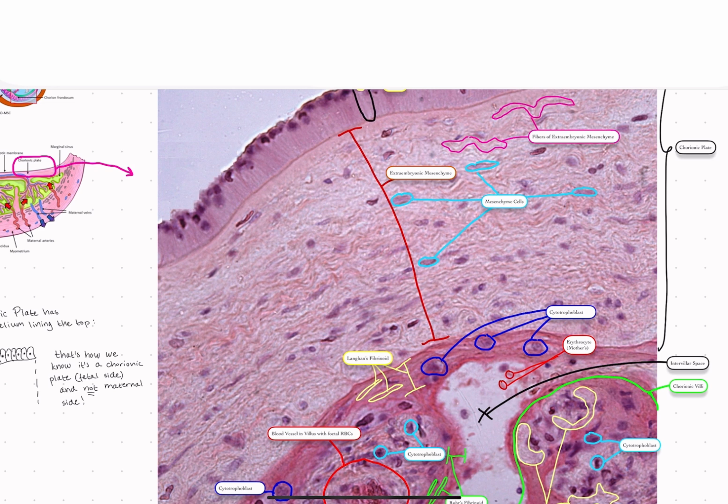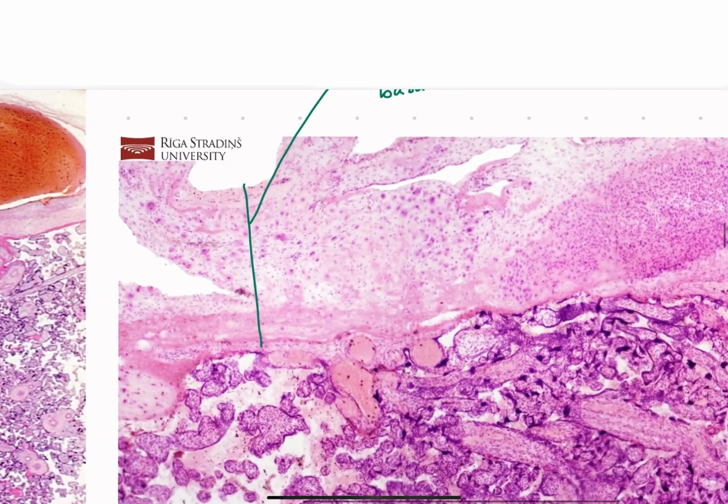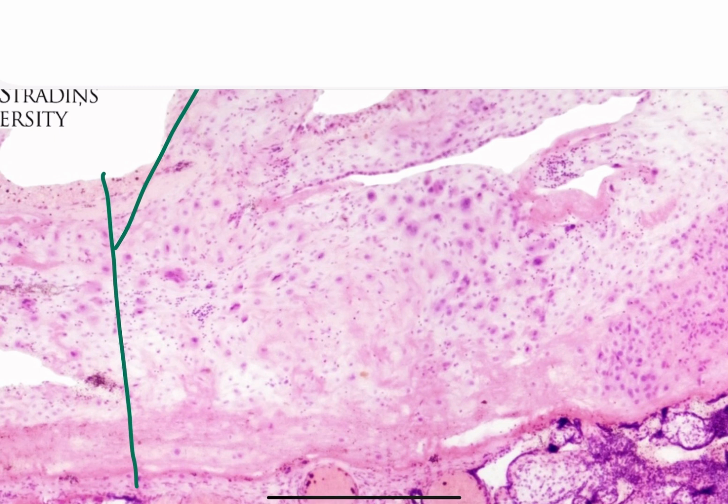And the texture looks very smooth and not as rough as the texture of the maternal placenta, which looks something like this. See how these cells are differently sized? Compare this cell with this cell. See how huge this one is in comparison to this.